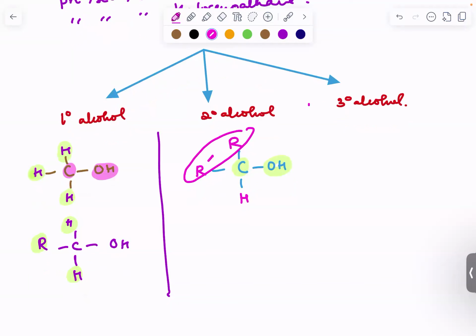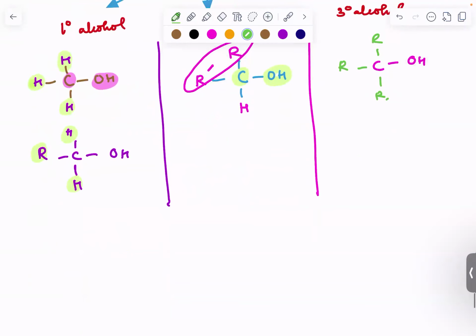This is called a secondary alcohol. And when the OH is linked to the carbon, which in turn is linked to all three R groups, it is called a tertiary alcohol. These R groups could be the same or different. Now, giving the examples.